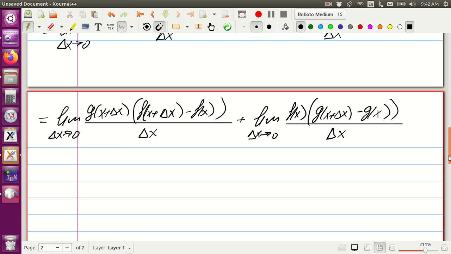All right, now let's think about this function over here. Here I have a product, so I can use the rules for the product.